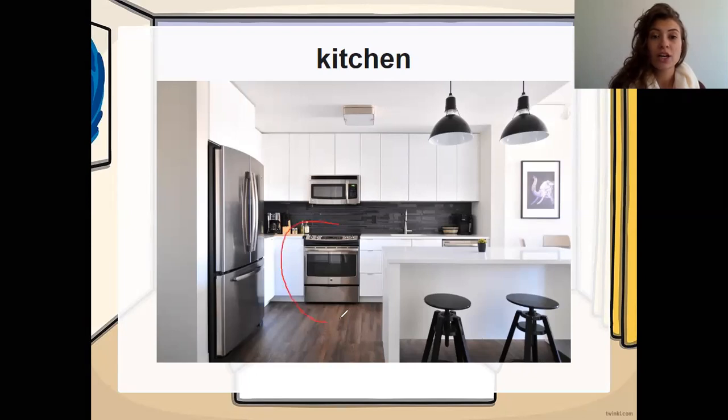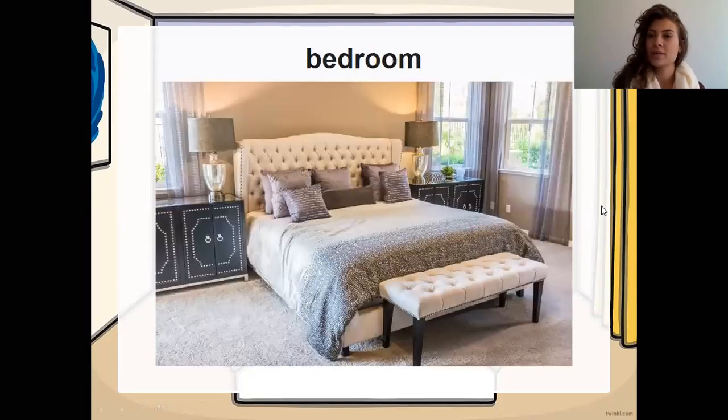So we can cook here and we can find our fridge, and usually we store our food here in the kitchen. Great job. And also, we can sit down to eat something quickly. Great. And that's the third room.